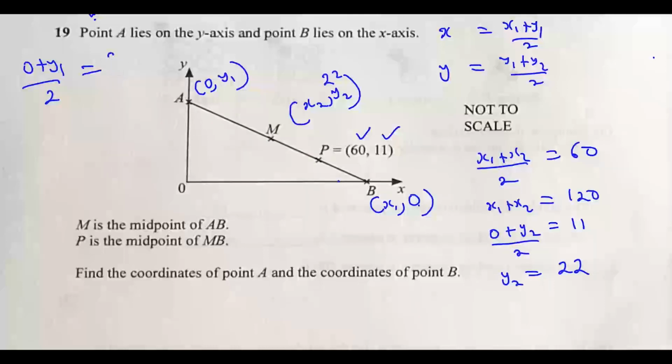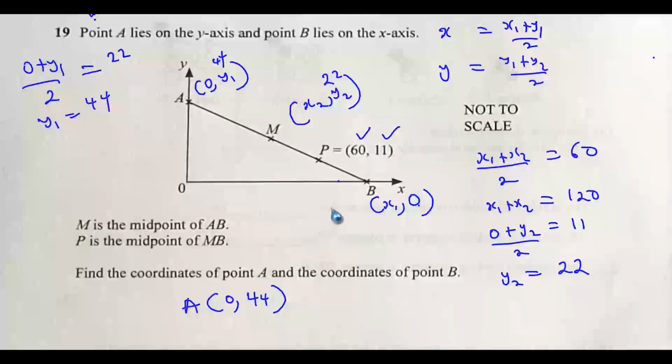So I can put 22 here. 0 add y1 will give you y1 equals 2 times 22. That will give you 44. So the coordinates of point A are x equals 0 and y equals 44. So I can put y1 is equal to 44 here.